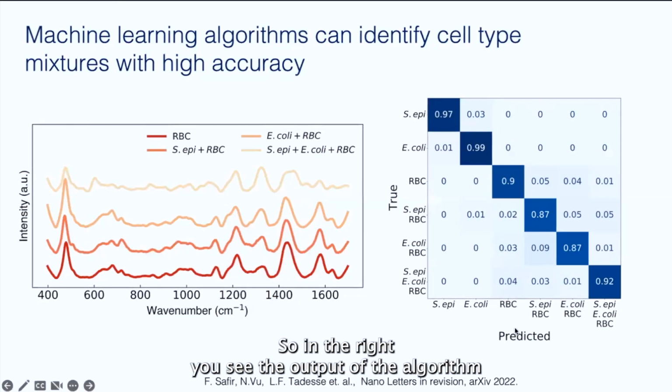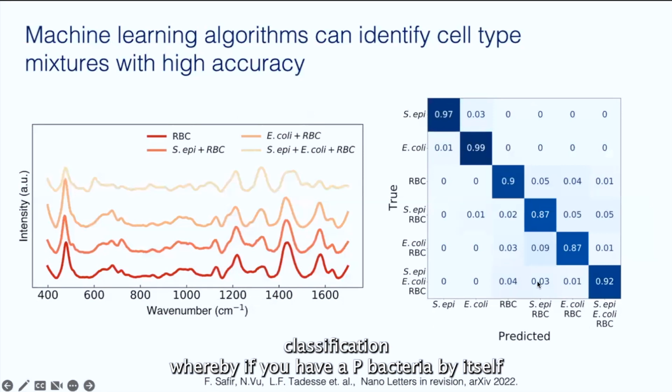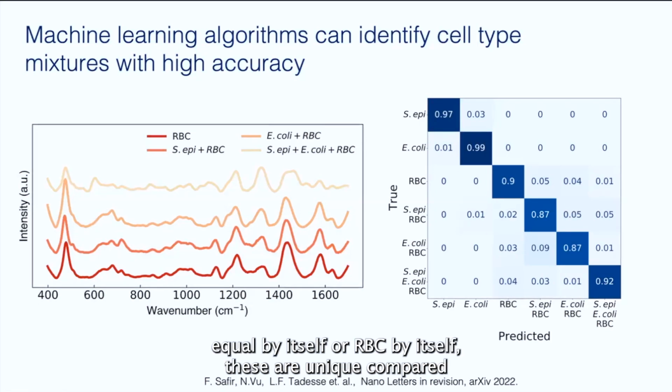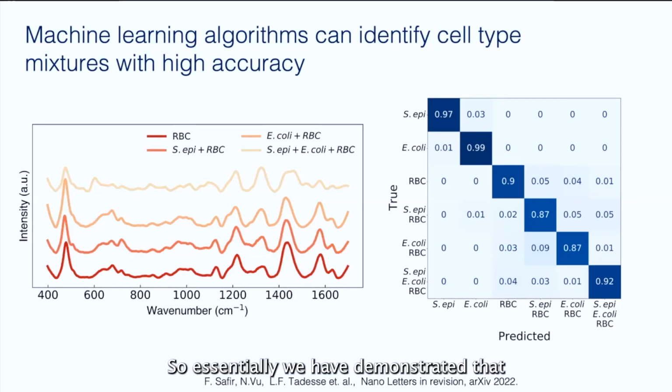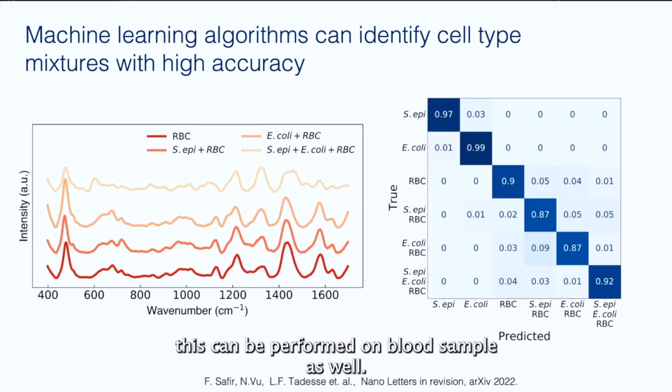So on the right, you see the output of the algorithm classification, whereby if you have Staph epi bacteria by itself, E. coli by itself, or RBC by itself, these are unique compared to when you have different combinations of them. So essentially, we have demonstrated that this can be performed on blood samples as well.